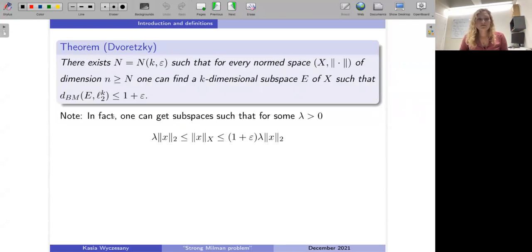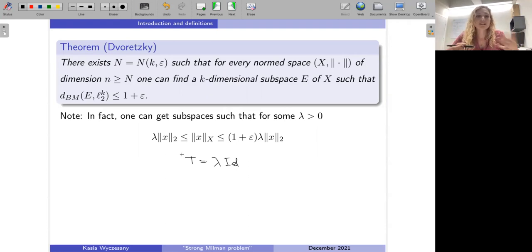In fact, one can always get subspaces such that we have a little bit stronger inequality, so the map T here is lambda times the identity map. It might be that the subspace will be of smaller dimension, but what I mean here is just that every ellipsoid of dimension, say 2n plus 1, has a subspace of dimension n which is almost spherical.